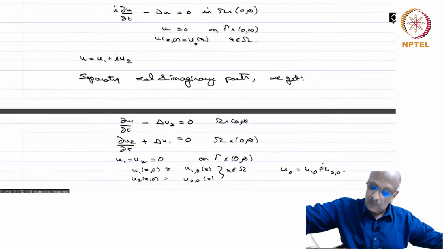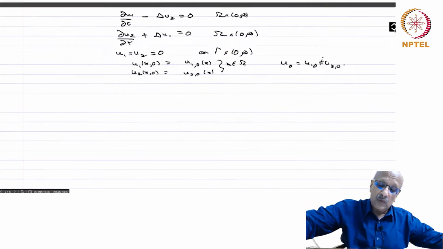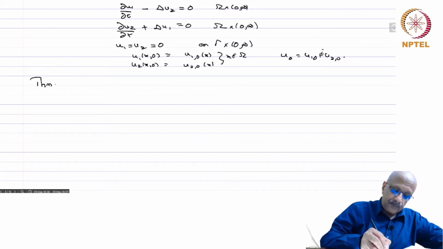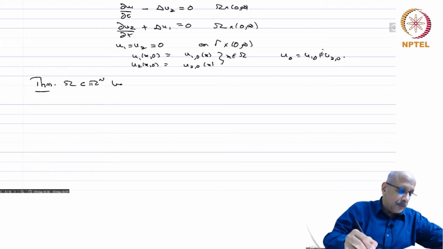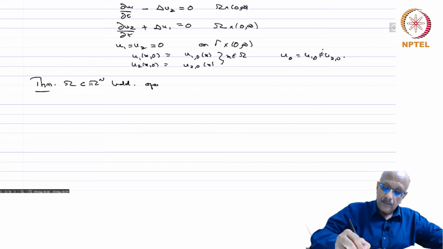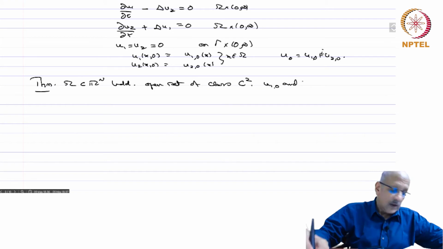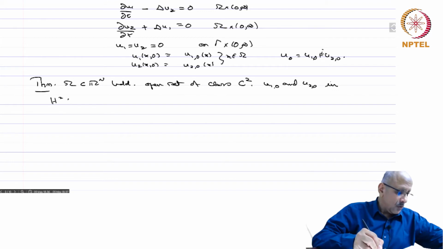So we have this system of equations which we want to solve, and now we have the following theorem: Ω in Rⁿ a bounded open set of class C², u10 and u20 in H²(Ω) intersection H¹₀(Ω).